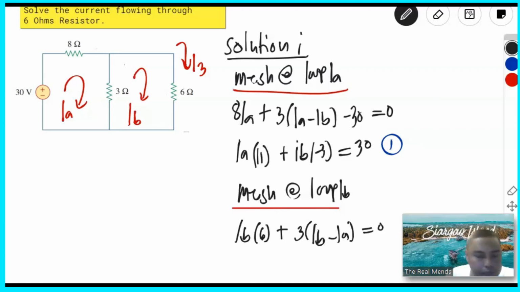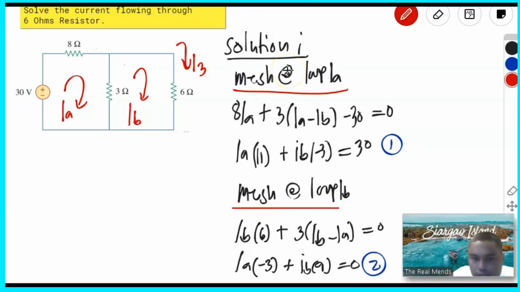And then simplifying this, we can have our IA is negative 3, and then our IB, that is 6 plus 3 is equals to 9 is equals to 0. So this is our equation number 2.